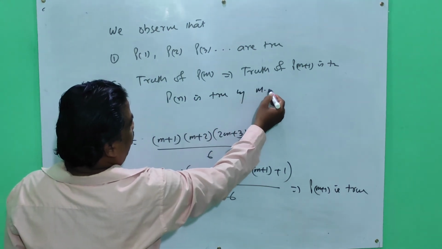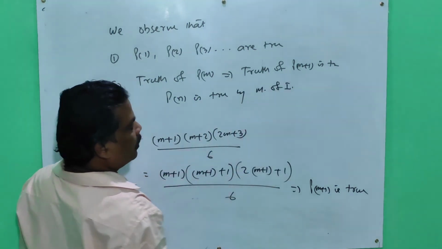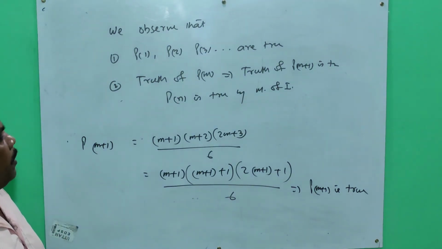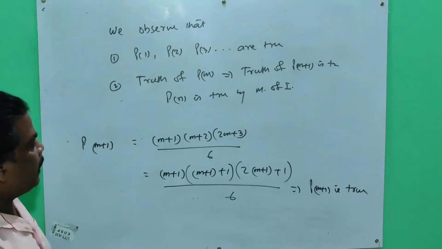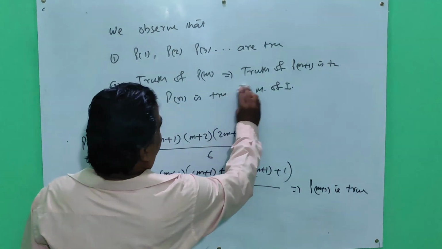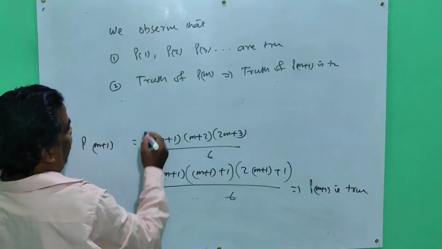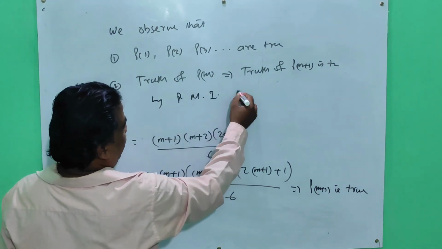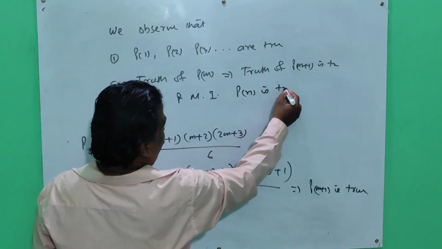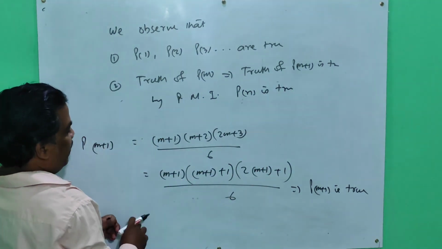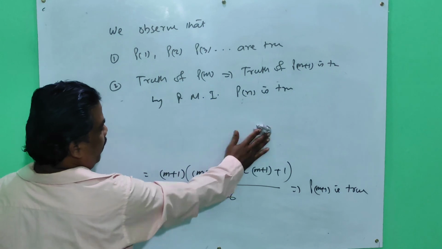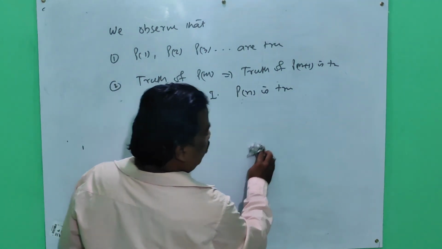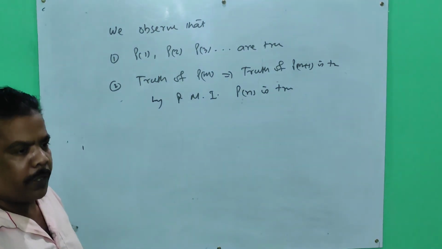So by the method of induction, or by PMI, the principle of mathematical induction, Pn is true for all n. That means 1 square plus 2 square plus 3 square plus dot dot n square is equal to n into (n+1) into (2n+1) by 6.